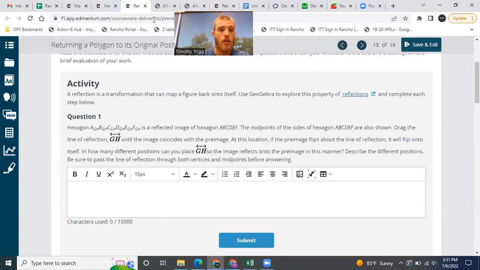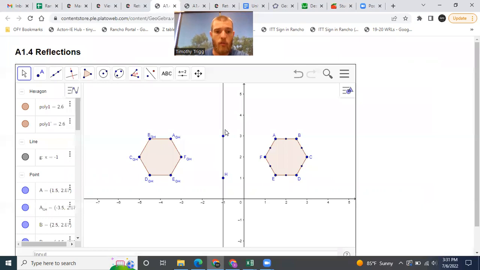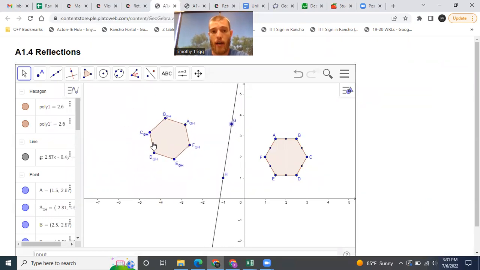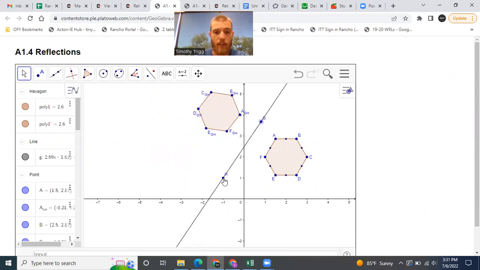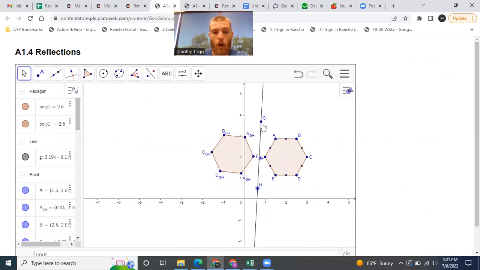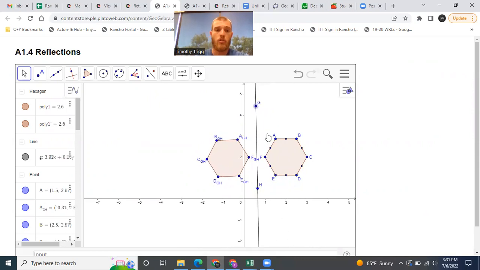Okay, so let's go ahead and move GH. As we move GH, it moves our image, doesn't it? Because as you change the line of reflection, that changes the image. So what we want here is to draw what's known as a line of symmetry. A line of symmetry is where we're going to put GH.